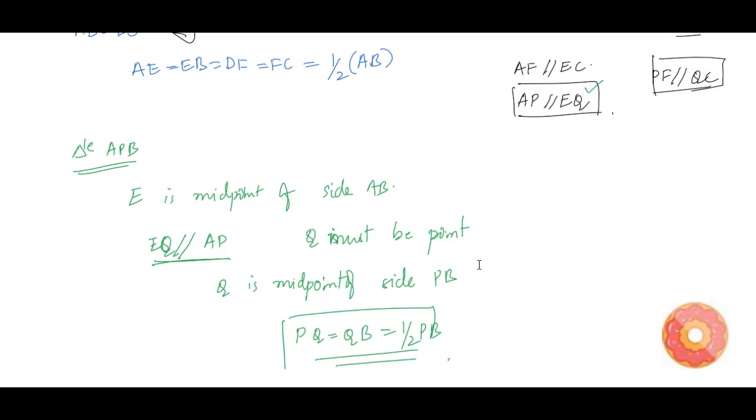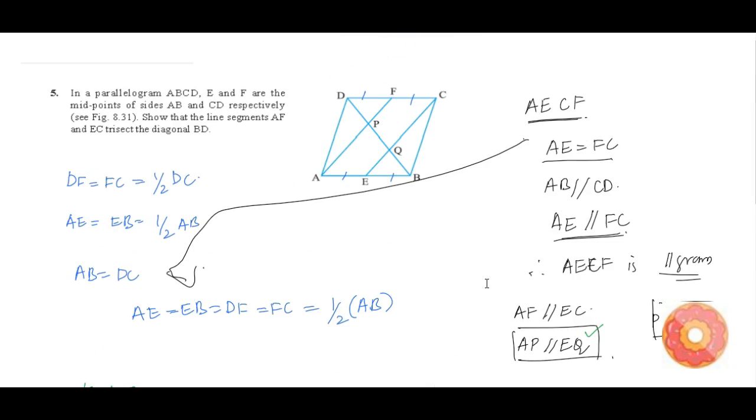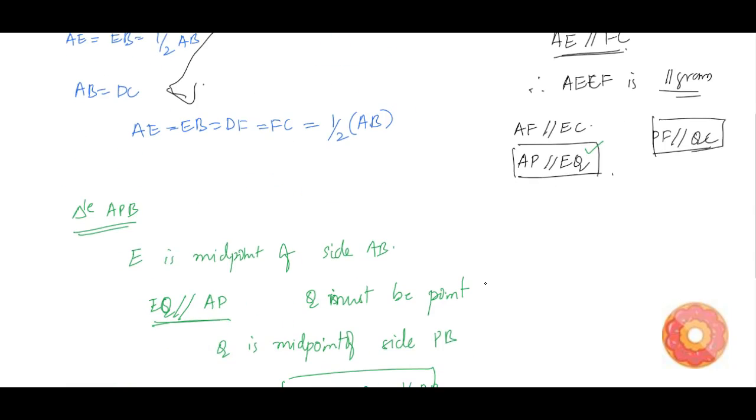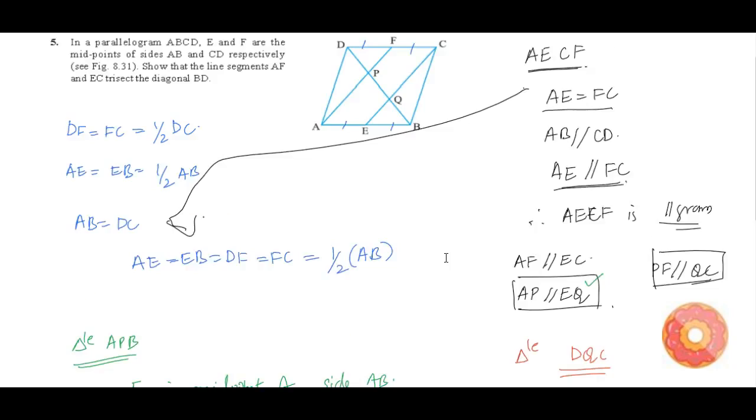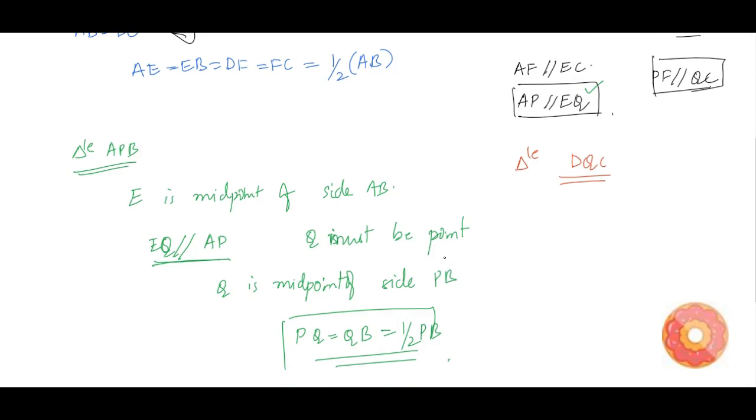Now let us look at the second triangle, that is DQC. See, in the triangle DQC, F is the midpoint of side DC, which means DF is equal to FC, right?